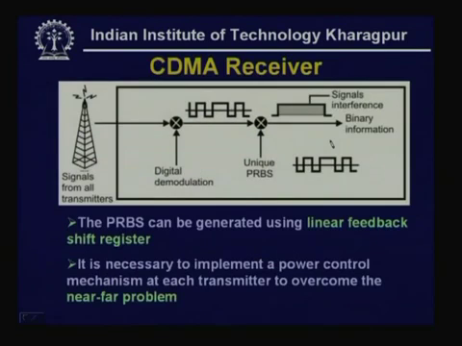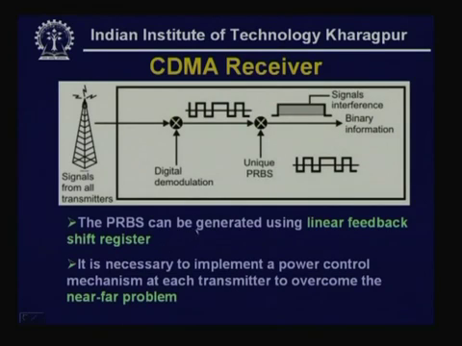After demodulation we get that composite signal, and it is multiplied with the unique pseudo-random binary sequence, and we get back the signal. Of course, it will have some noise because of interference and other problems, but you get back the binary information.